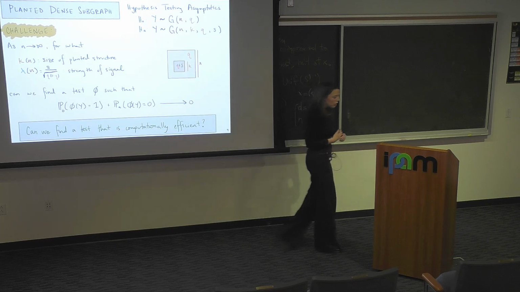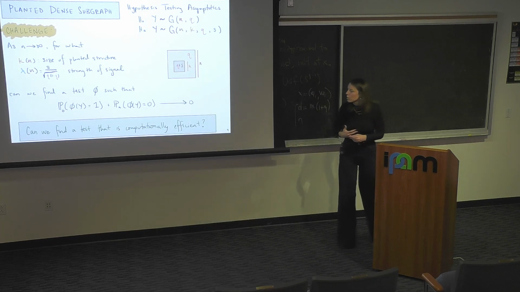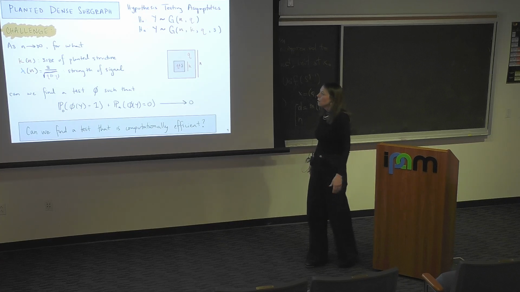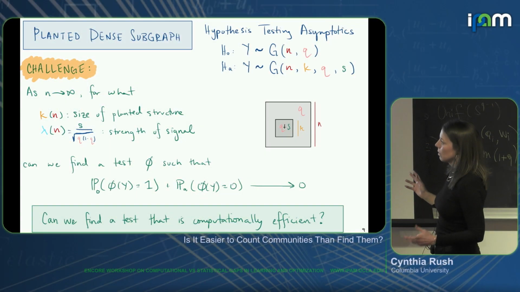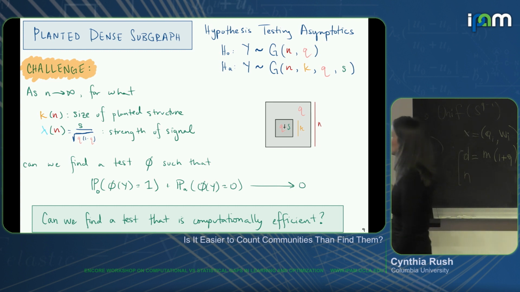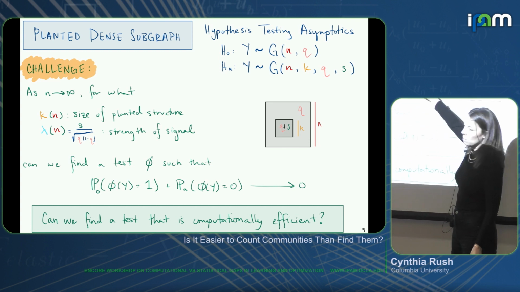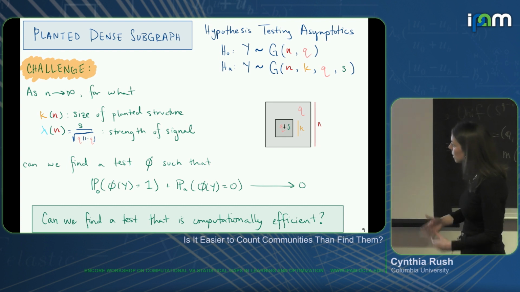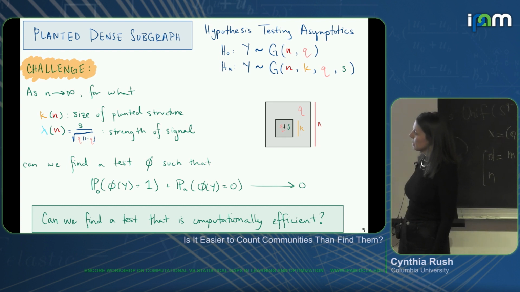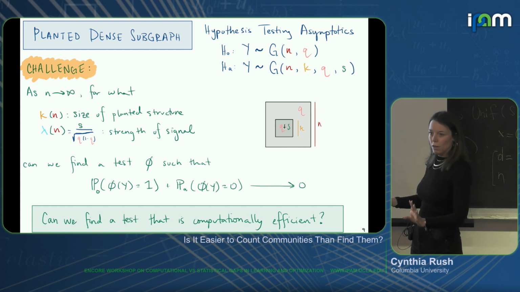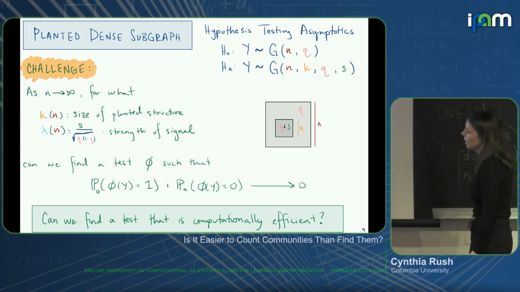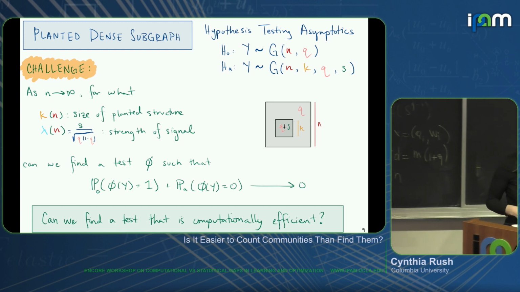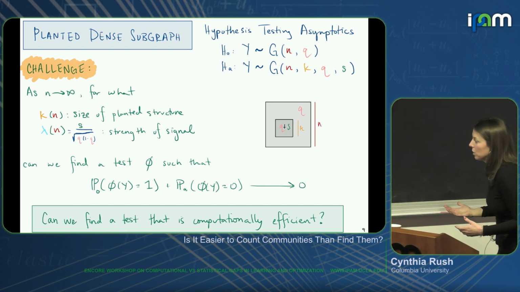So, for detection, can we identify parameter regimes for the size of the planted structure and the signal strength such that there exists a test with vanishing type 1 and type 2 error? And importantly, can we do this in a computationally efficient way?